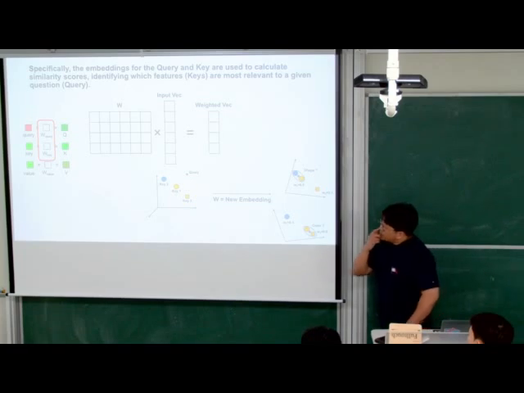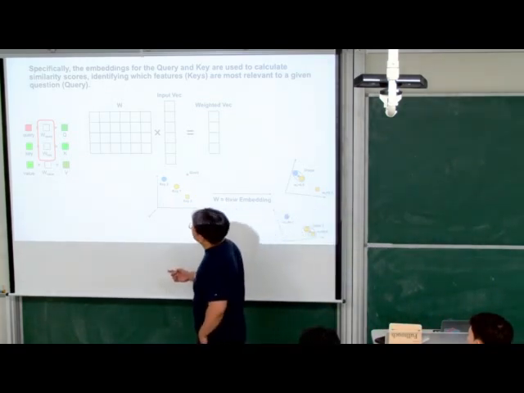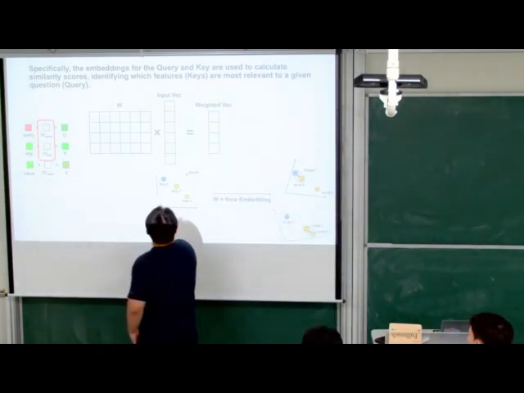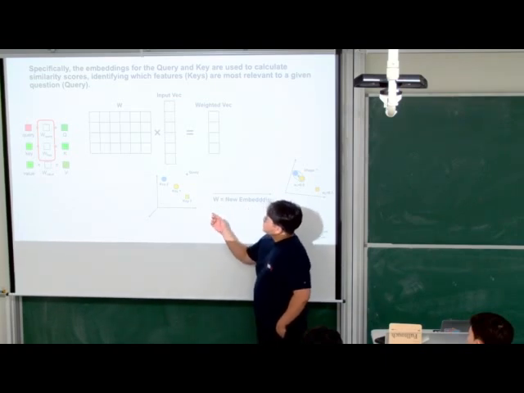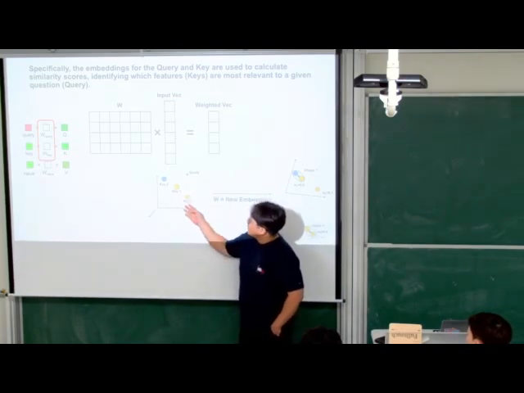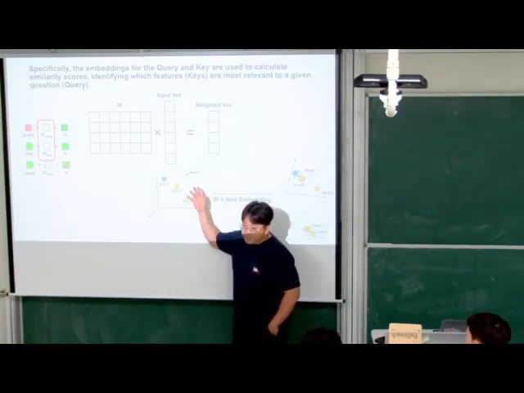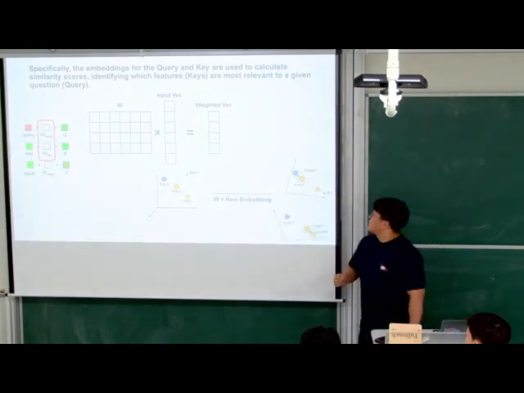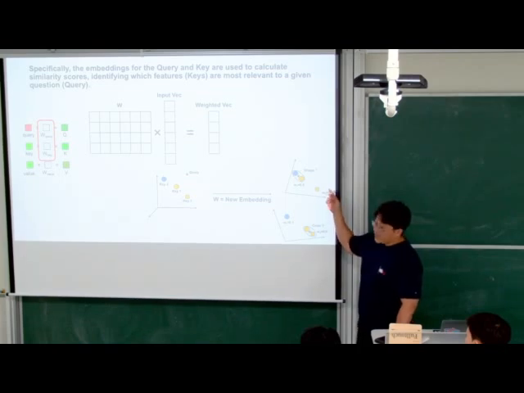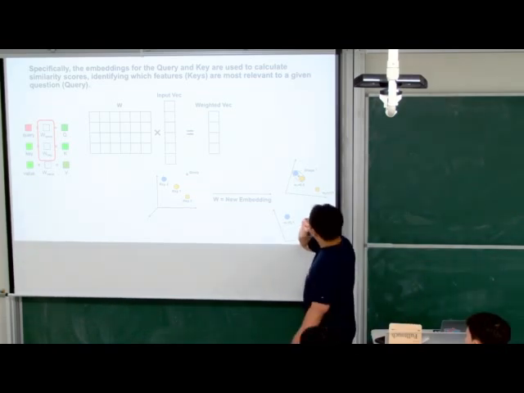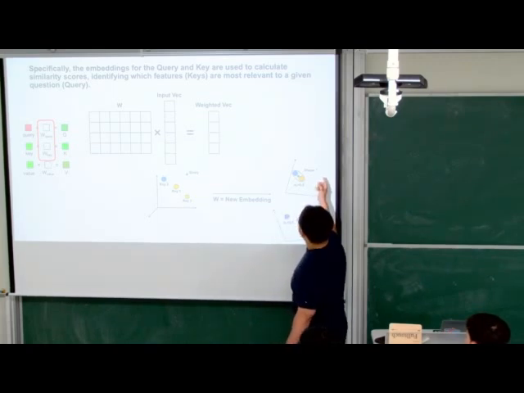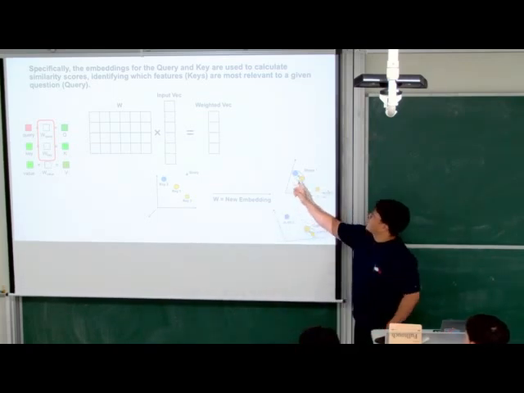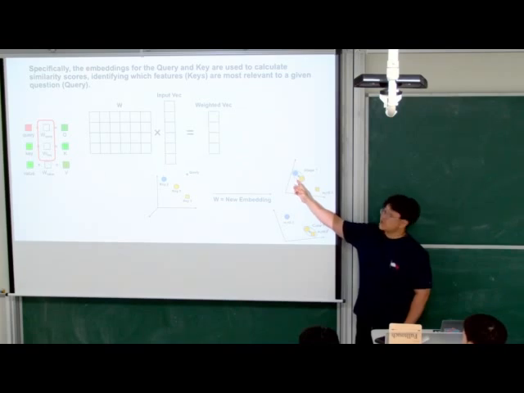So let's focus on the query and key weight matrices. Originally they are distributed like this, but if we ask about the shape, circle, then this query point should be located here, right? So to find the circle shape.